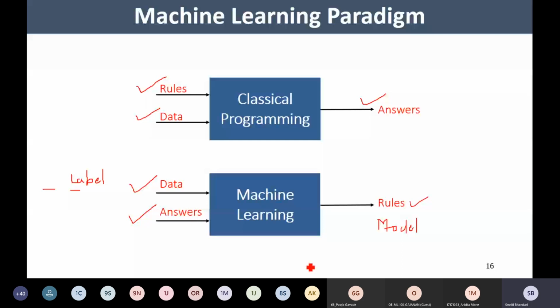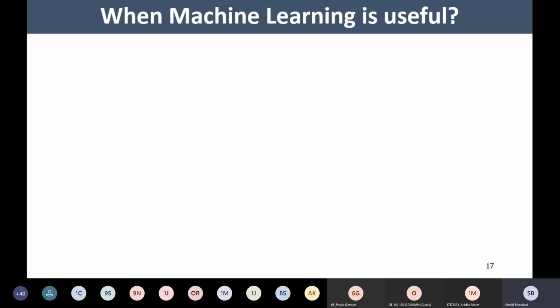Okay. So let us proceed now with the next concept, and let us try to find out when it is actually meaningful to use machine learning algorithms. Right? So we now have two paradigms that we discussed, the classical programming paradigm and the machine learning paradigm. So when to go for machine learning and when to go for classical programming models.